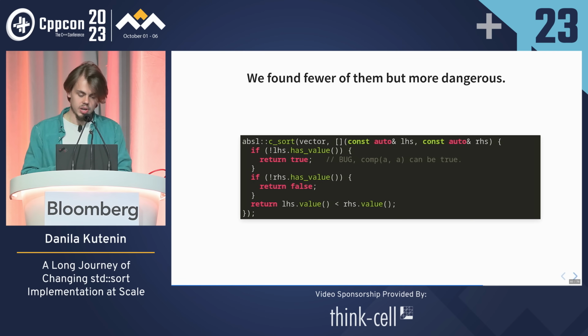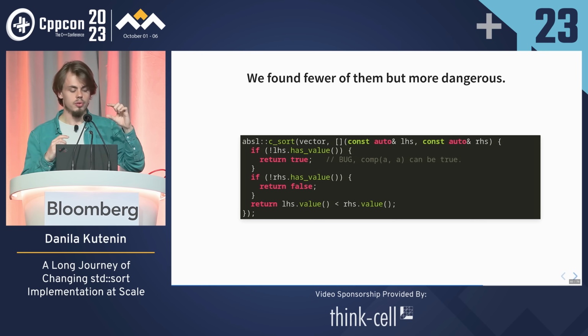This is also not correct, because the comparator of the same element can be true. And this is exactly the thing that I showed you in Godbolt, where I can give you 31 elements and your sorting would read out of bounds. The correct fix here is to swap the first if with the second if. Then it's a correct comparator.